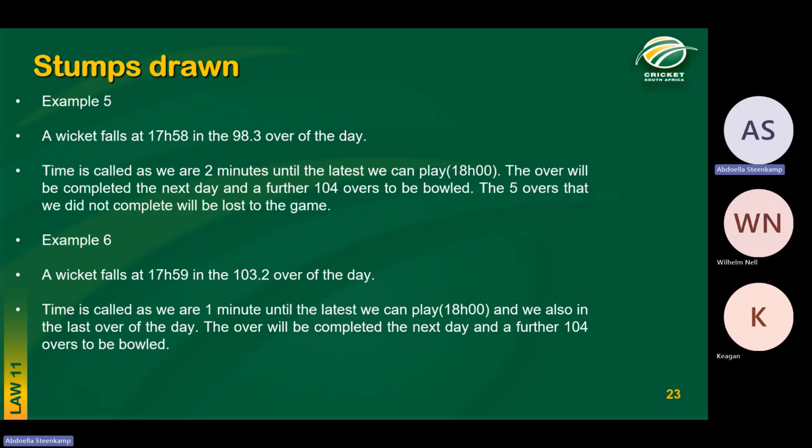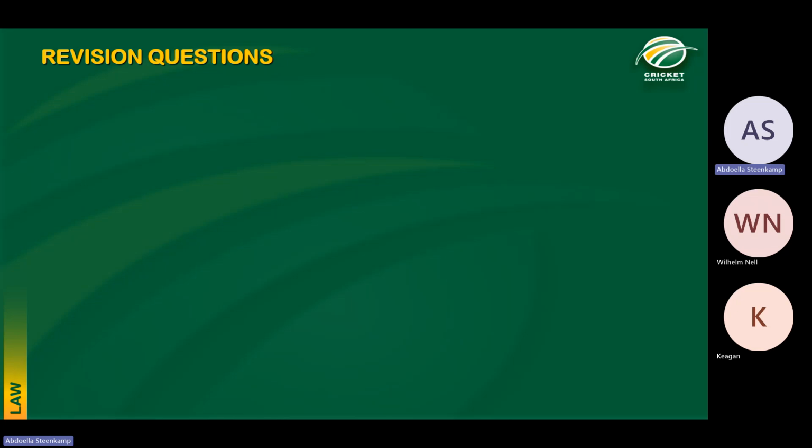If you activate that 60 minutes making up lost time clause, you cannot start earlier if you lose overs due to slow over rates or extenuating circumstances. Happy? Thank you.